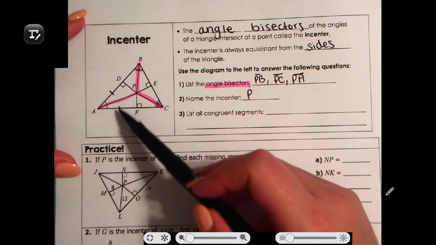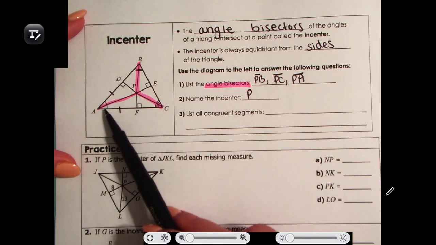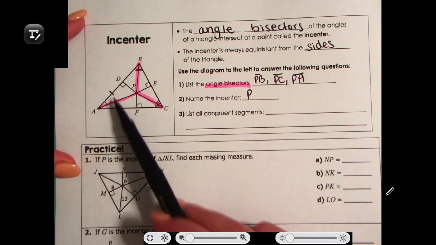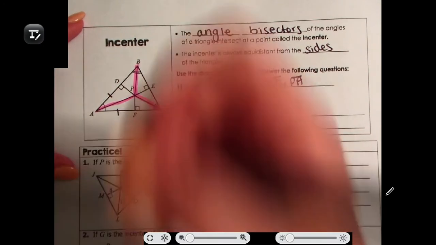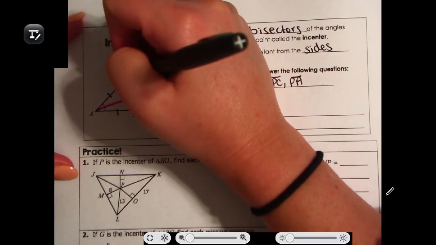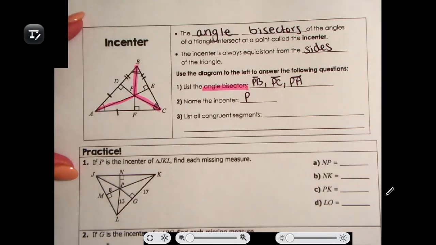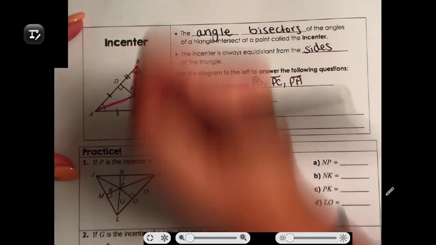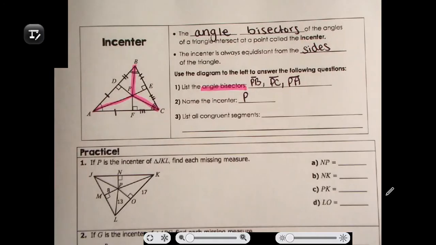Now we're saying these two are congruent because this angle is cut in half. So then these two side lengths are congruent. Let me go through and label the congruent ones like that, so you can see which ones are congruent.